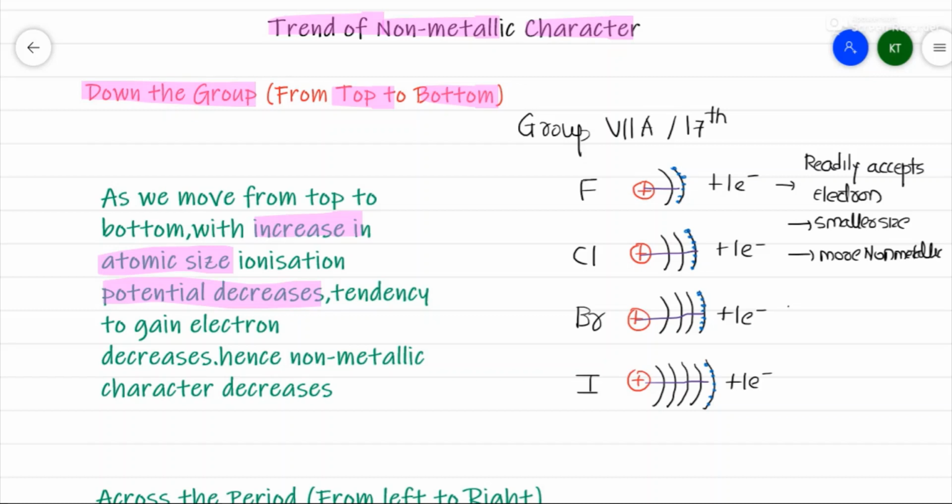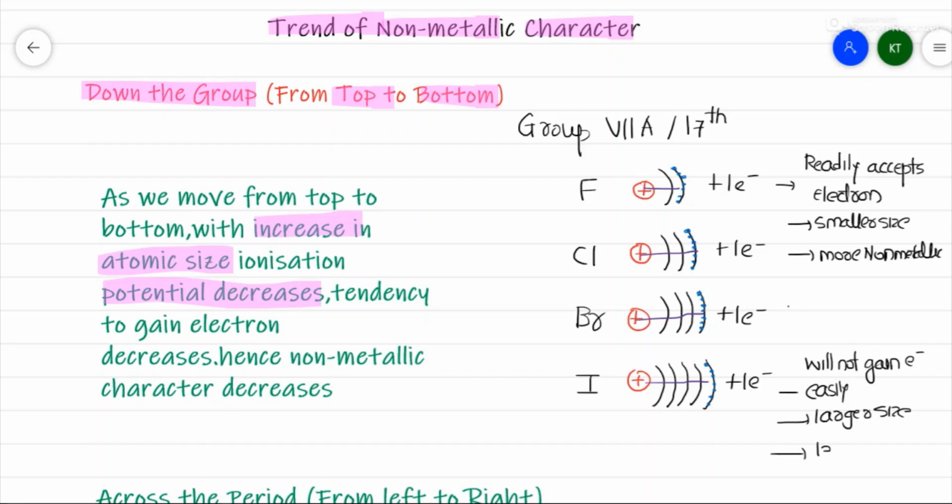But iodine, look at the size, it is larger because from top to bottom the size increases. So iodine will not gain an electron easily because of larger size.